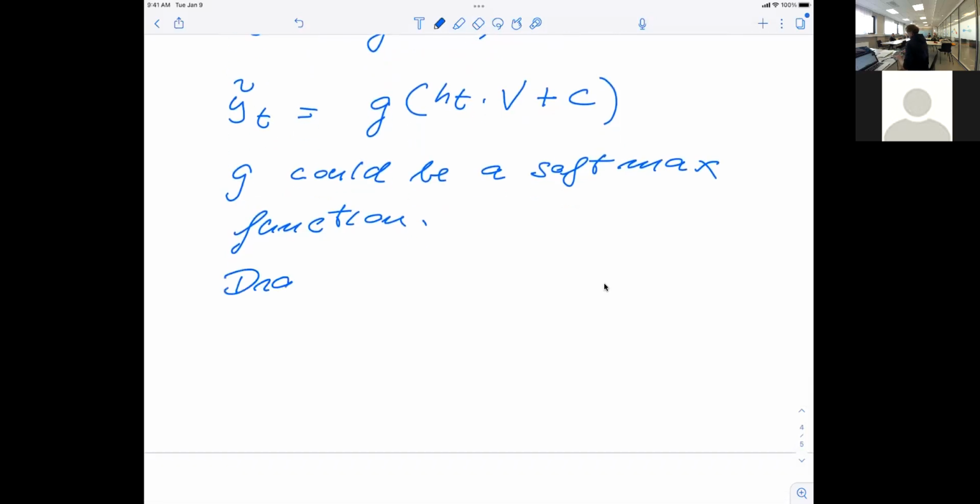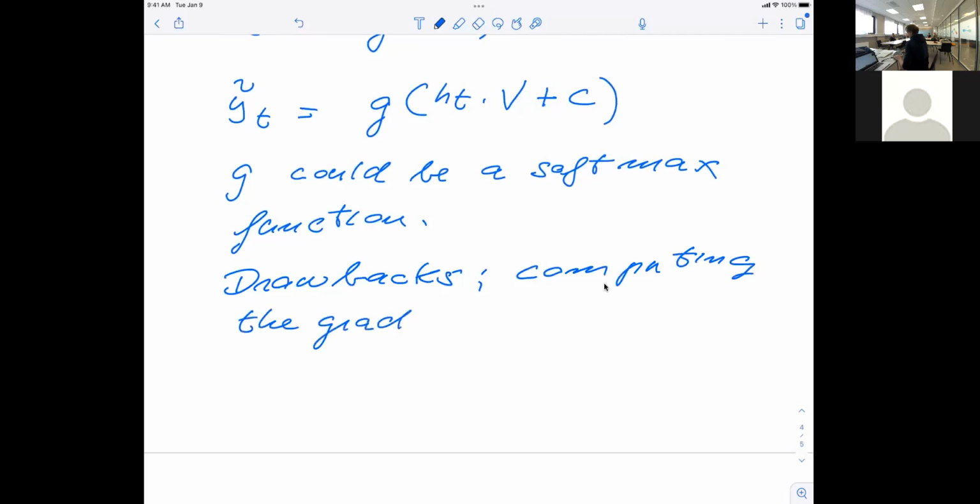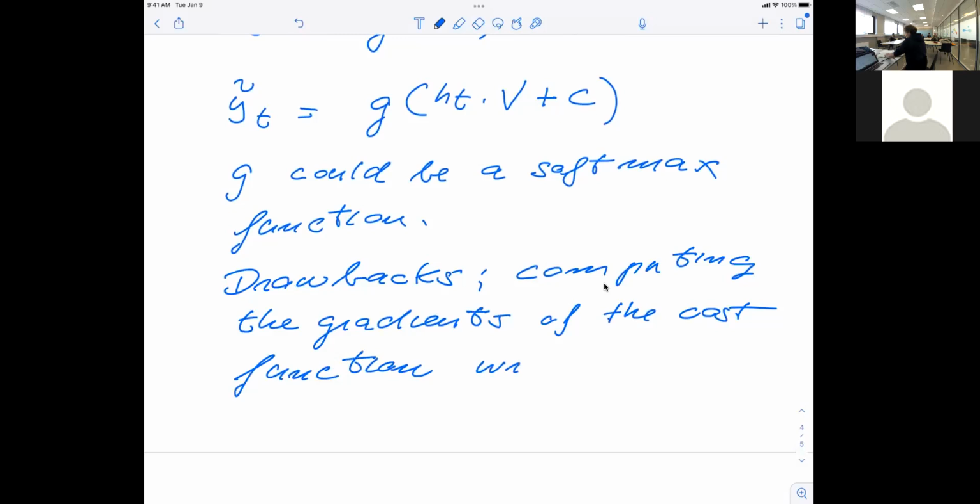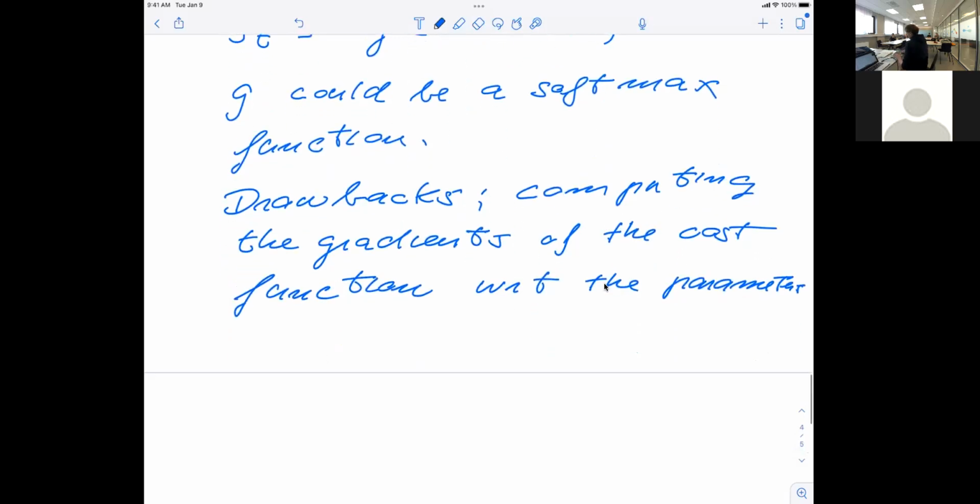So the drawbacks in this specific case: when you're computing the gradients of the cost function with respect to the parameters, and these are the parameters of the functions, the matrices V, W, and U, and the biases, it's a pretty expensive operation.